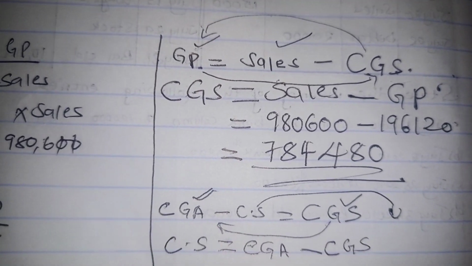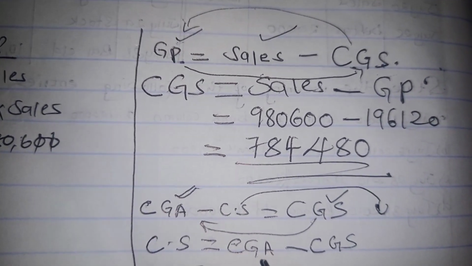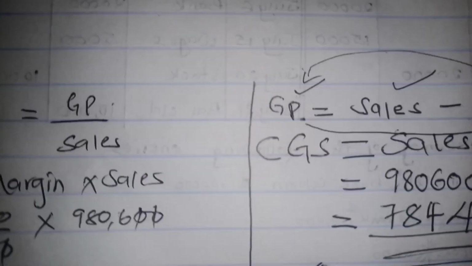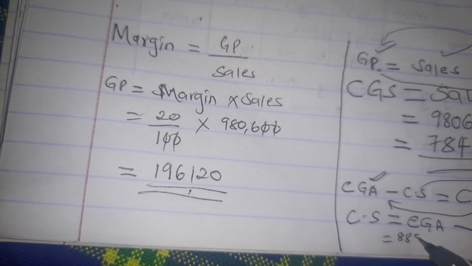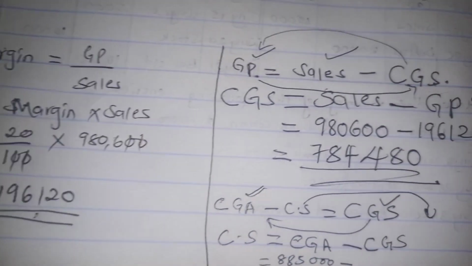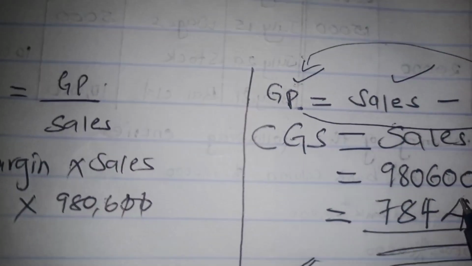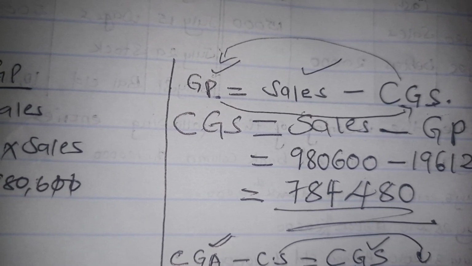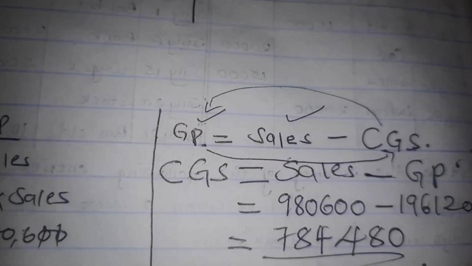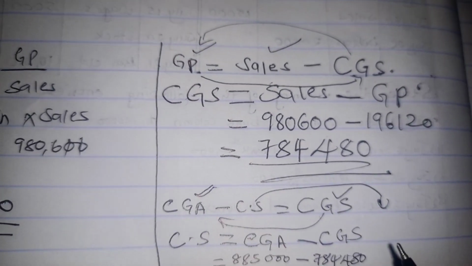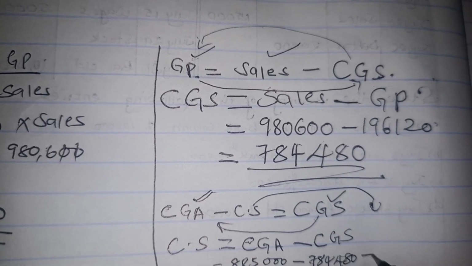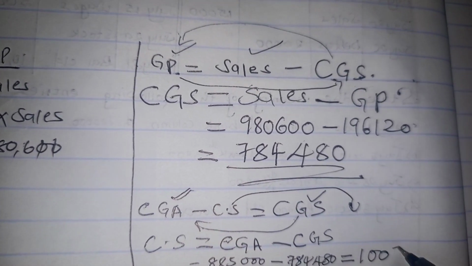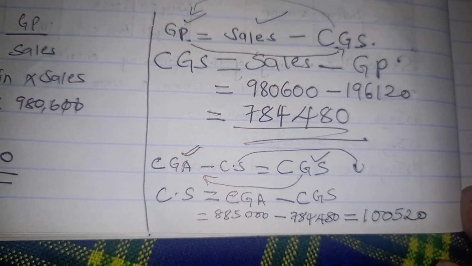Back to our question, cost of goods available for sale is 885,000. We subtract the cost of goods sold, learners, which we've just calculated as 784,480. And learners, we are getting our closing stock as 100,520 shillings.